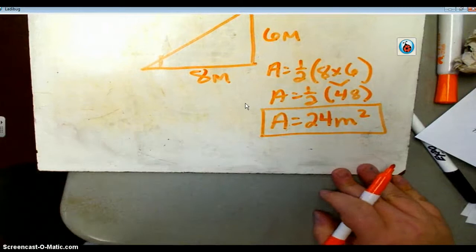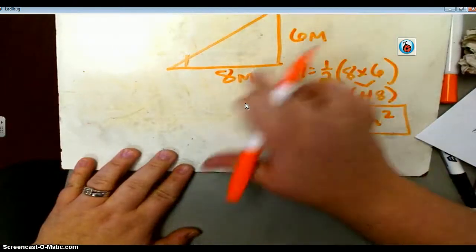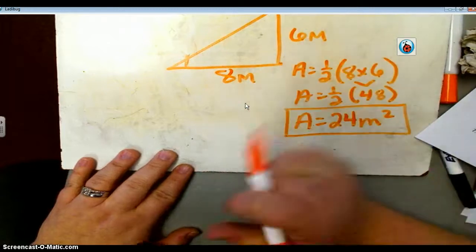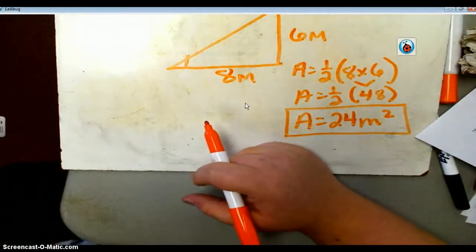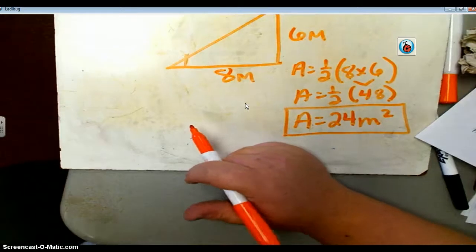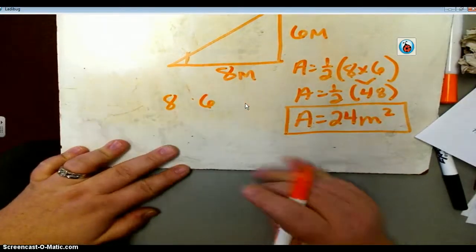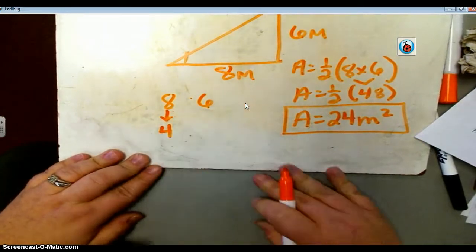Here's another thing you can do. If you look at these numbers and you can tell that they're both even, Caitlin, are you with me? Okay? Both of these numbers are even. I'm going to look at one of those numbers and I'm going to go ahead and take half of it. So my numbers are 8 and 6. I'm going to say half of 8 is 4.